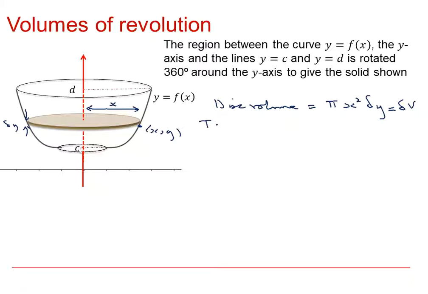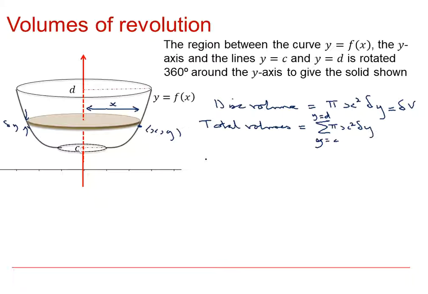If we look at the total of all the disks, it would be the sum of these disks starting at y equals c and finishing at y equals d. At the moment they are an approximation for the required volume.